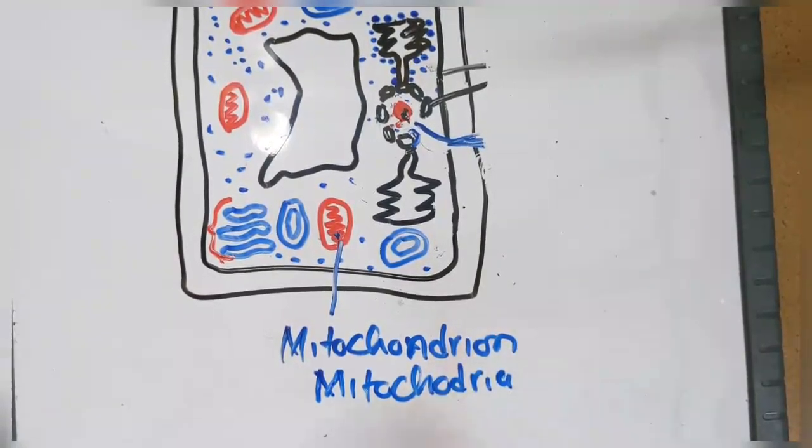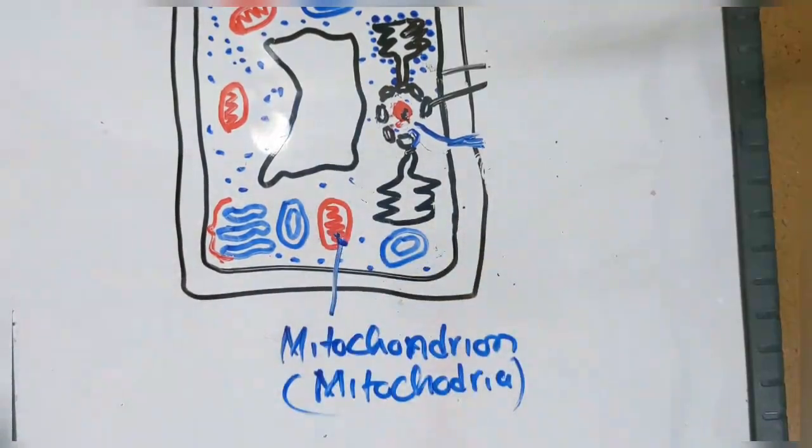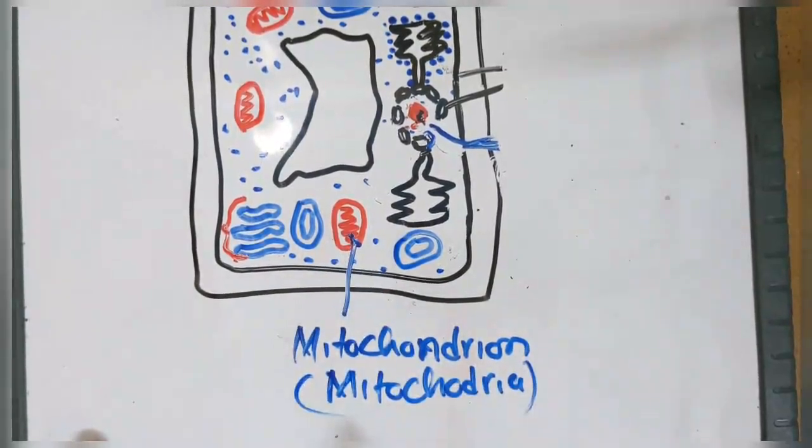So now, what is this part about? What does it do? This is the part that is responsible for respiration. In here is where respiration takes place, and for that it is called the powerhouse.